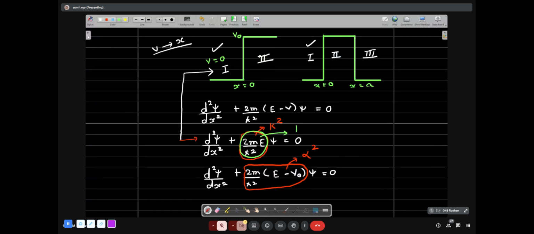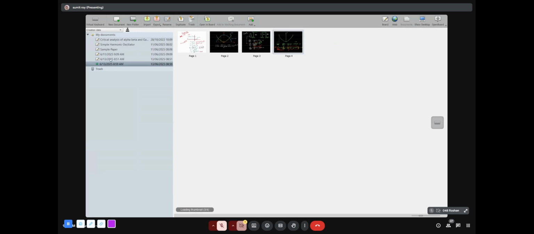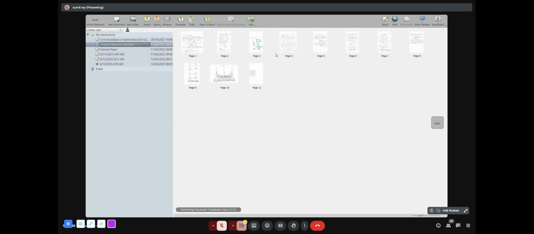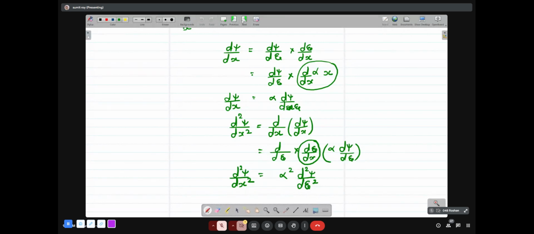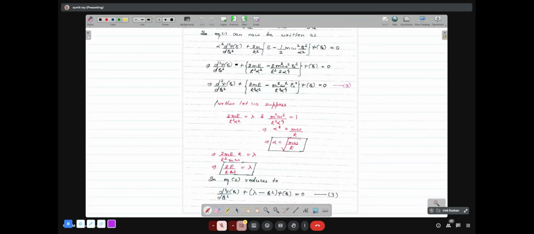You could have substituted this as k also, but this is written as k square only for the purpose that the differential equation will be easier to solve. 2me by h cut square constant है, k लिख सकते थे, लेकिन k स्क्वायर सिर्फ इसलिए लिख देते हैं जिससे कि ऐसा डिफरेंशियल इक्वेशन बनेगा जिसका कि सॉल्यूशन आइदर नोन है या उसको सॉल्व करना इजी है? सो दिस इज द इक्वेशन.